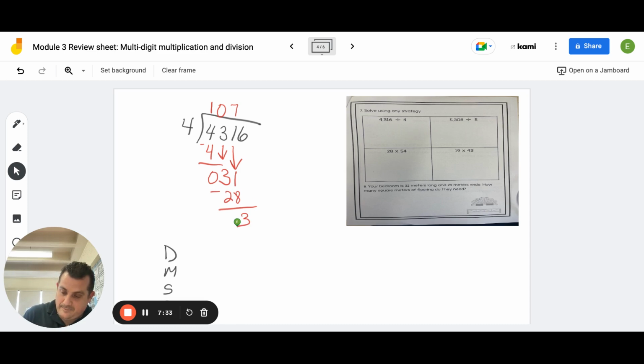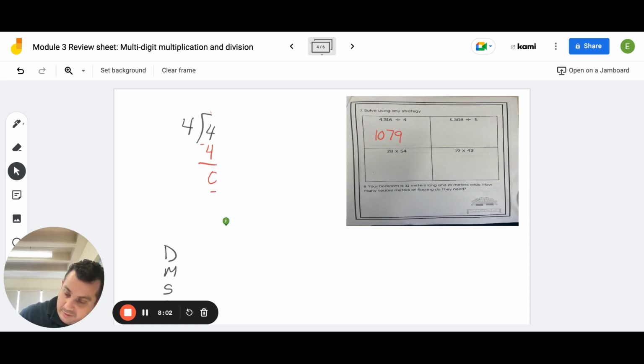You get 3. Bring down the 6. Start over again. Can 4 go into 36? It can. 9 times. You'll notice how each time this 4, your divisor on the outside, is going to be your divisor throughout the entire problem. So you have 1,079.